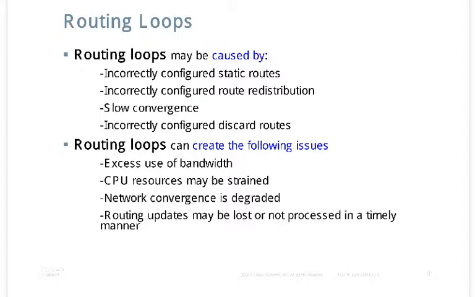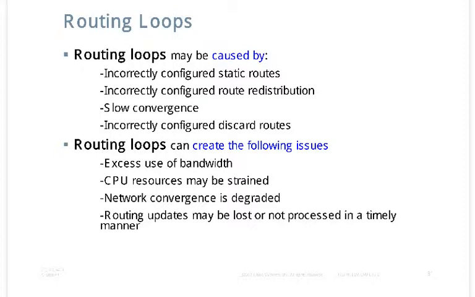Slow convergence, again we said that convergence is a state of consistency based on which any received route will not have any new information based on the information that I already have. But until this convergence state happens, the routing tables may actually be inconsistent, in which case again the routing loops will happen.